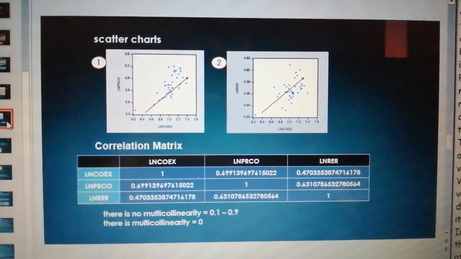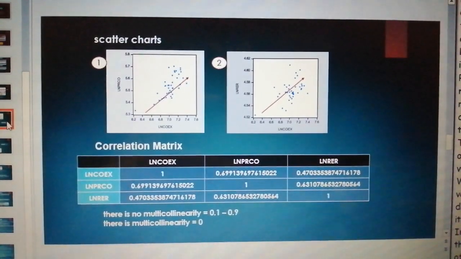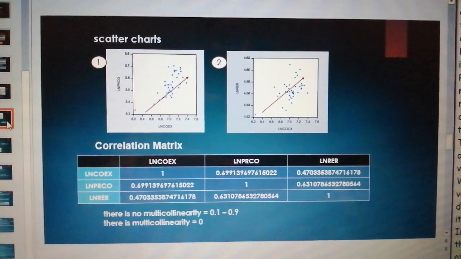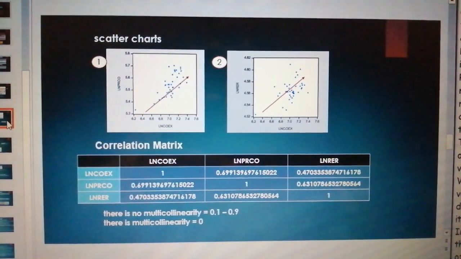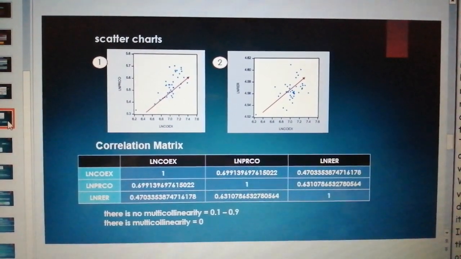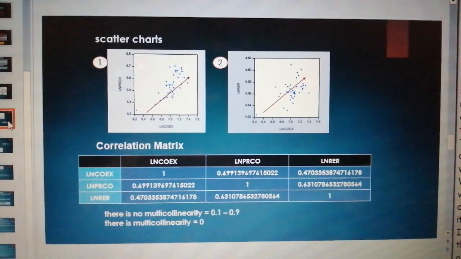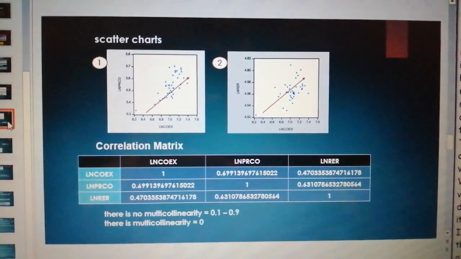Here, we can see in the first graph the international copper price with respect to Peruvian copper exports. The variability is more adjusted. In the second graph, the real exchange rate with respect to Peruvian copper exports is more variable, but both have a positive and linear trend.